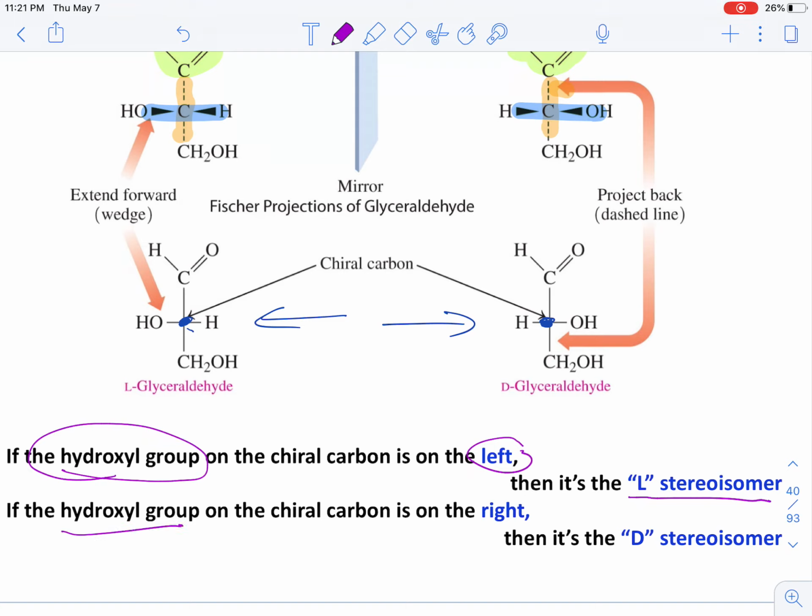If the hydroxyl group is found on the right-hand side, then your D stereoisomer will be observed. And so Emil Fischer's projections were able to accurately predict this using very, very simple rules. And that's why he got a Nobel Prize for it in 1902, just by drawing lines.